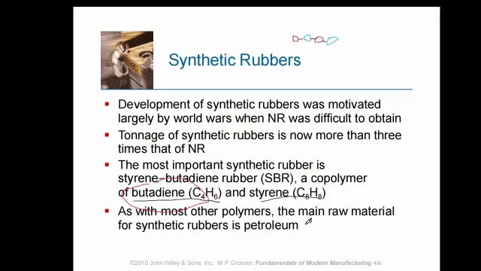And the main raw material for most synthetic rubber is petroleum. So the petroleum industry is the main industry that supplies raw materials for the rubber industry.